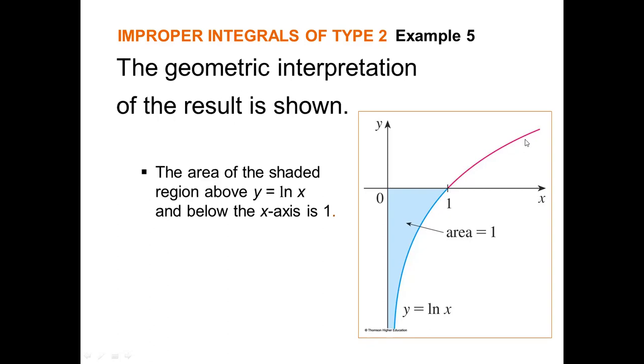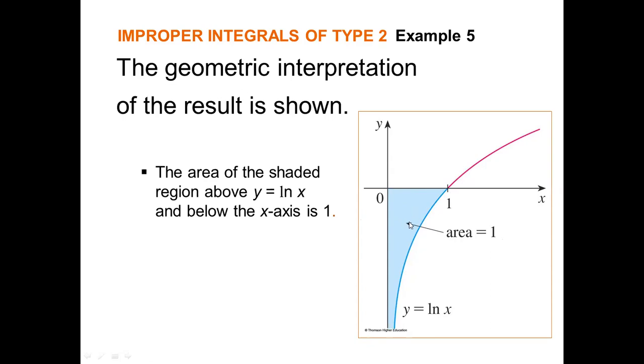So when you find the value of the definite integral, you're just finding this area. The value of that area is equal to 1. So the area of this shaded region above y equal to ln of x and below the x-axis is equal to 1. This is that particular area of the curve, okay?